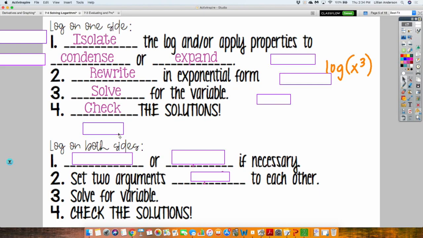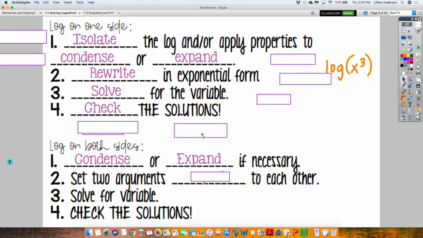Now, if the log is on both sides of the equal sign, again, you either want to condense or you want to expand if necessary. Sometimes it won't be necessary, but if you do have to do it, then you want to do it. How do you end up with the log? So let's say the problem was like log of x equals log of 3.